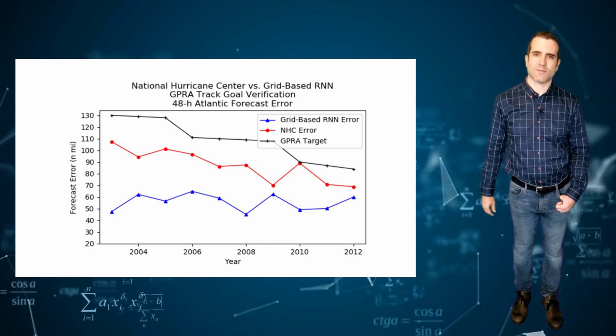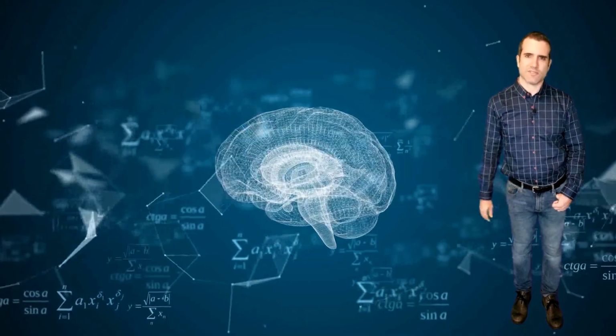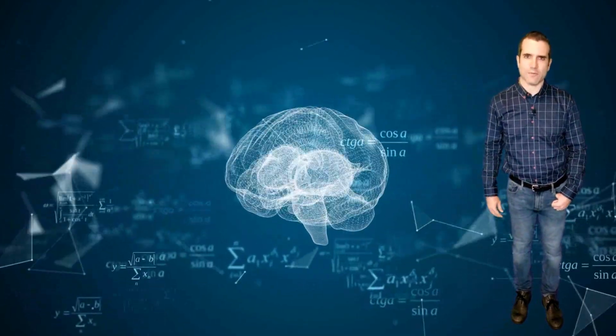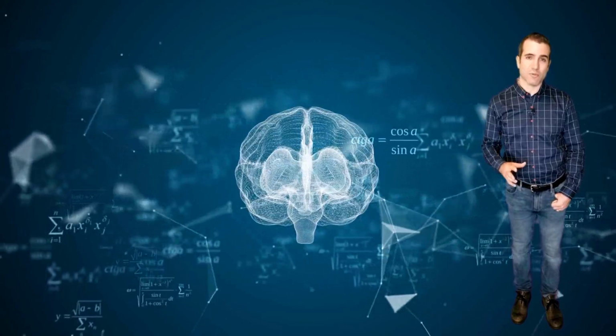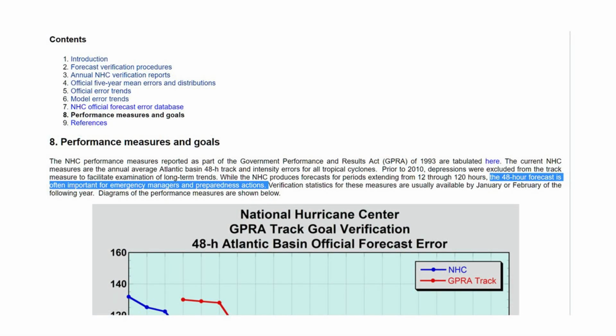And when you look at historic levels, this really shows us that machine learning clearly can work, even with such a simple approach. And the chart that shows this threshold over time calls out the 48-hour projection for being, quote, often important for emergency managers and preparedness actions, which will be a nice piece of information to have when we get back to our objective.